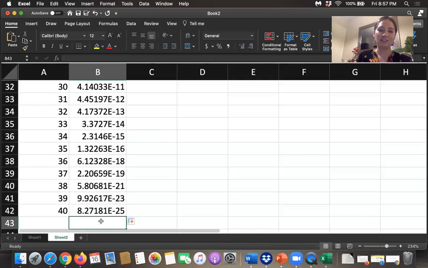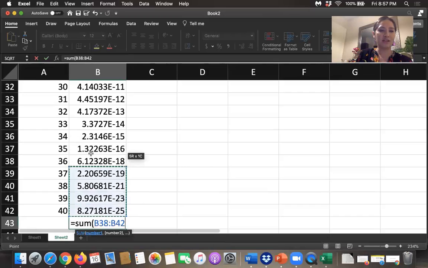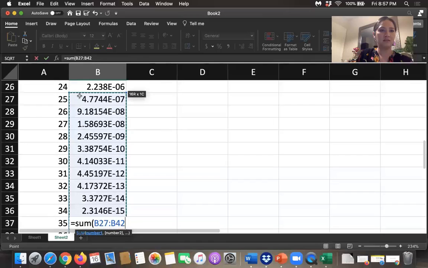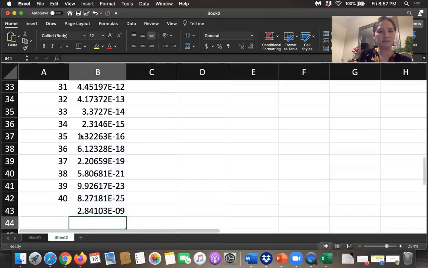Okay, now the question said to find the probability of getting 28 problems right or more than 28 problems right. So we're going to add up the probability of getting between 40 and 28 problems right. So everything starting here at x equals 28 through x equals 40, close parentheses, and then we get that value right there.